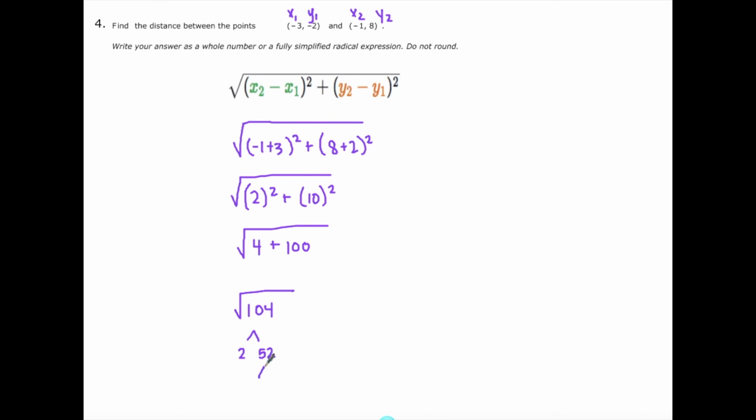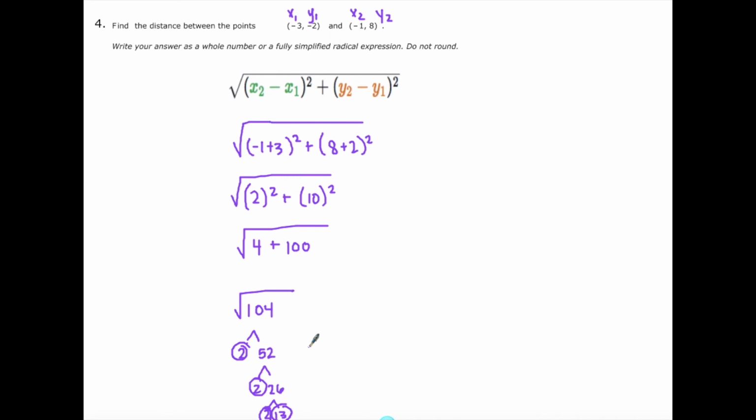And then we could split that up again and make it 2 times 26. And then we can split that again and make it 2 times 13. And 13 is a prime number, so we're going to stop there. 2 times 2 times 2 times 13 gets us 104.